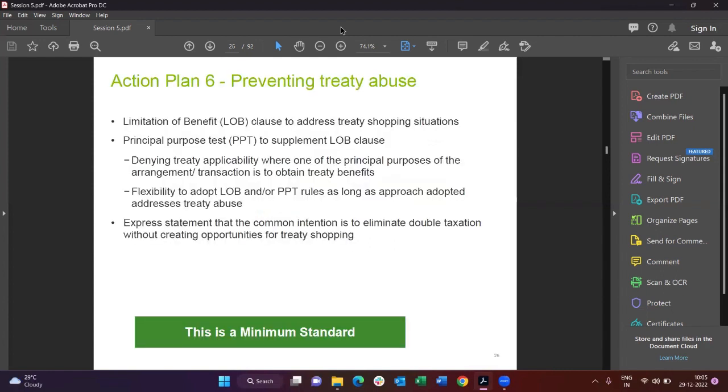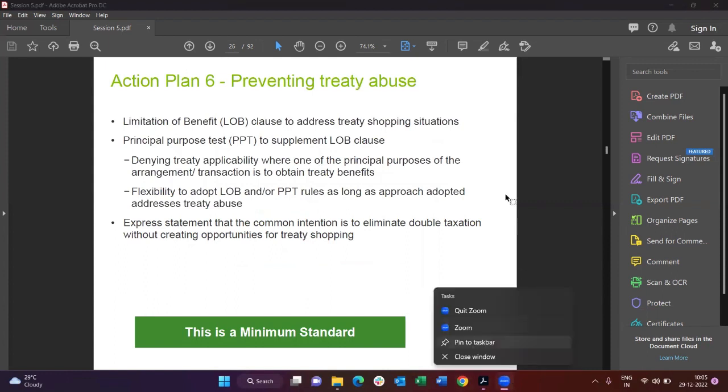And the principal purpose test. Principal purpose test means what was the principal purpose of this activity? Was it to avoid tax? Then the tax benefit won't be given. Like if we take an example of 115BAB, if a company is purposefully incorporated to avail this benefit, then that benefit cannot be claimed.